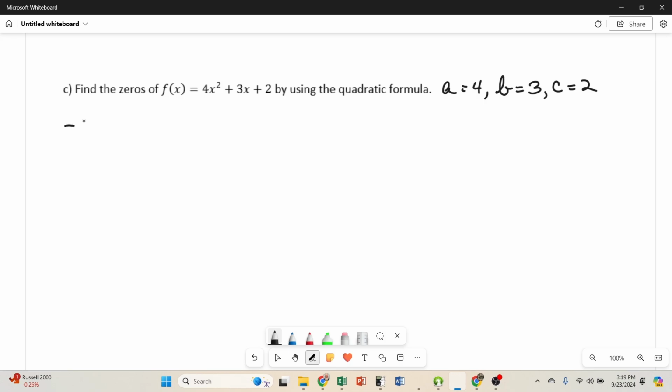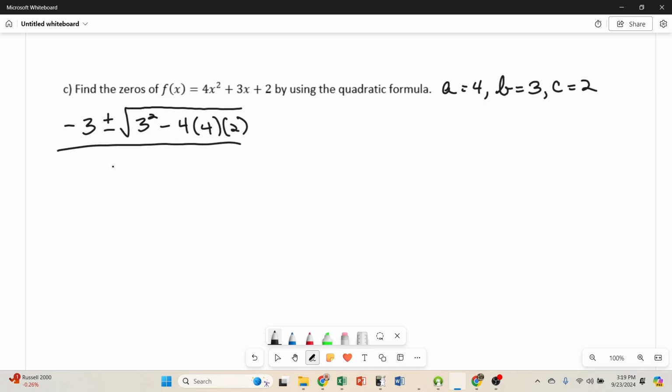Negative b, negative 3, plus or minus the square root of 3 squared minus 4 times 4 times 2, all over 2a, which is 2 times 4.